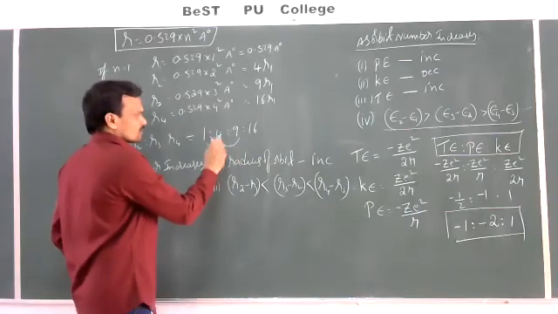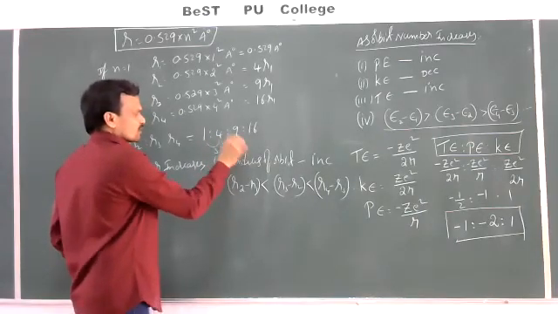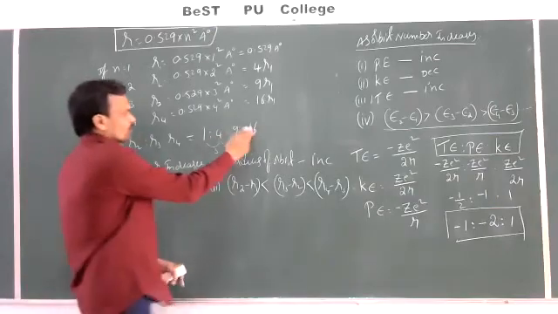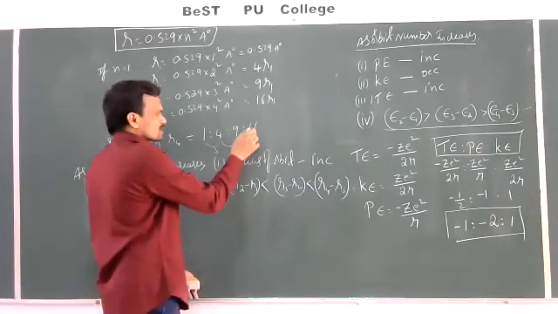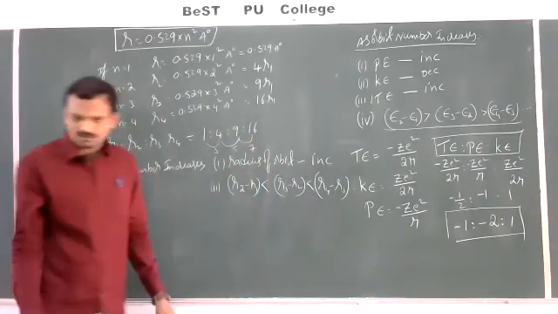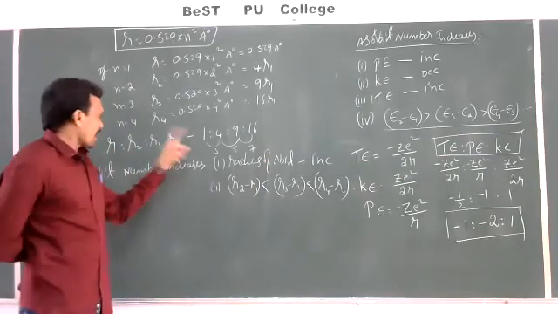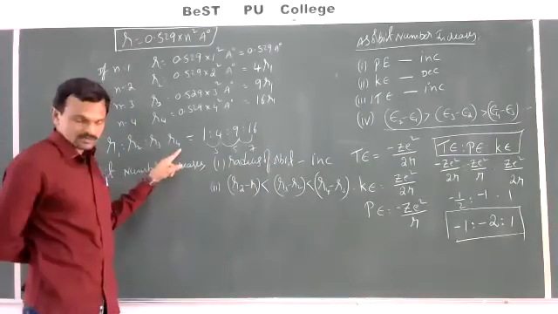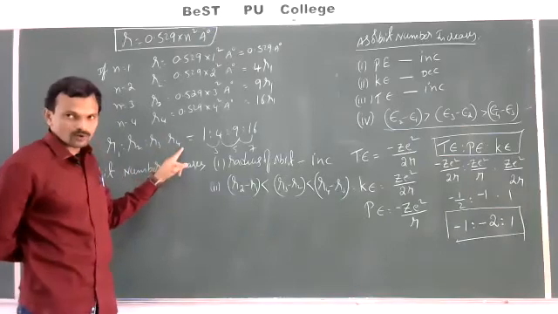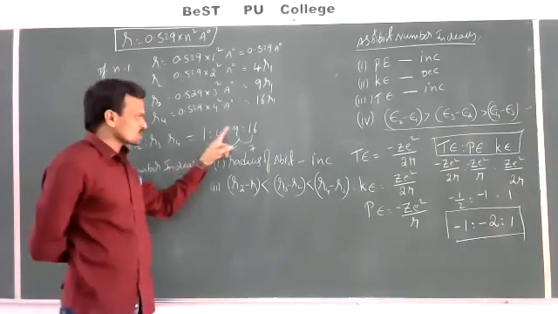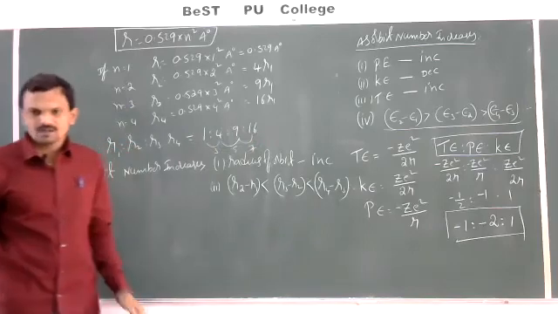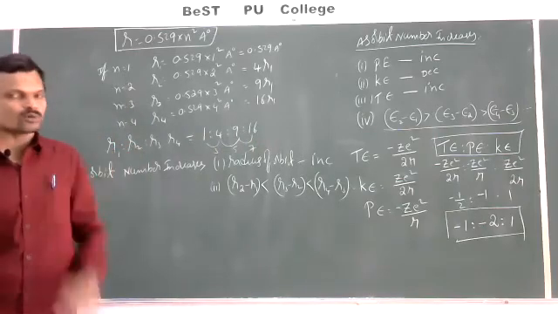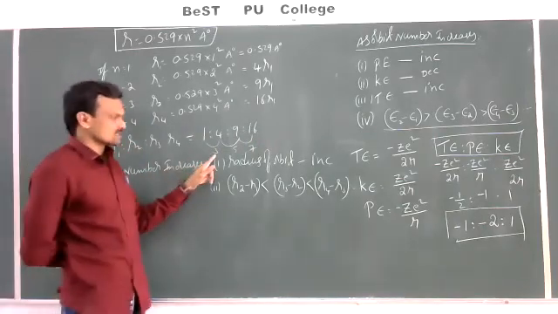Second and third, 9 minus 4, 5. Third and fourth, 16 minus 9, 7. Means as orbit number increases, R1, R2, R3, R4, the radius of the orbit also increases, but the difference between the radii of the two orbits also increases.